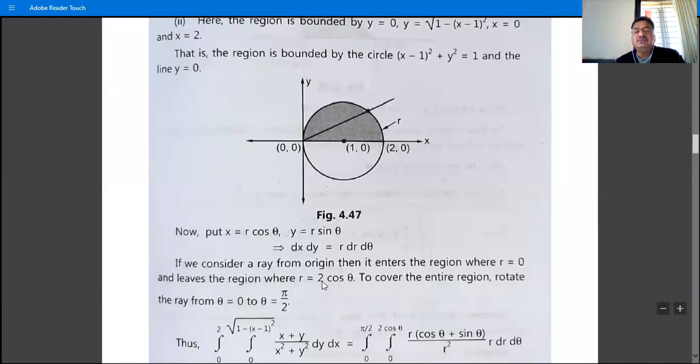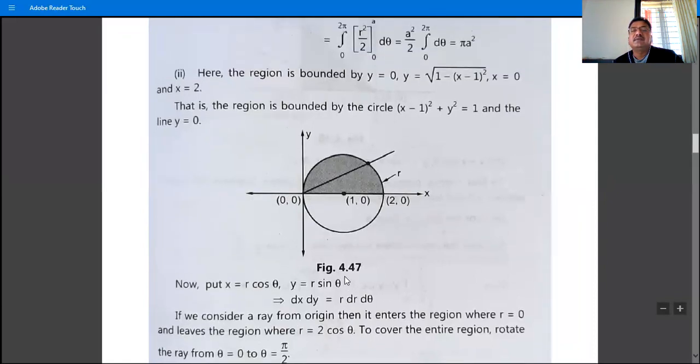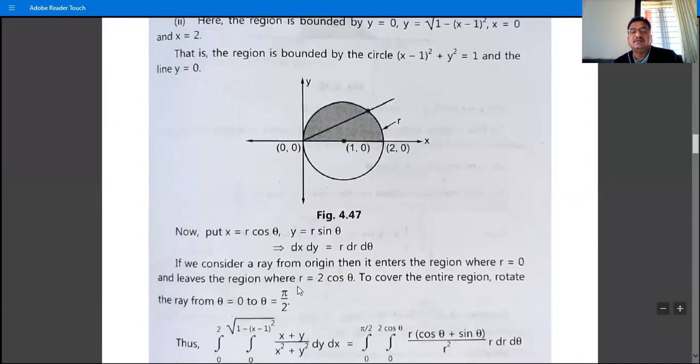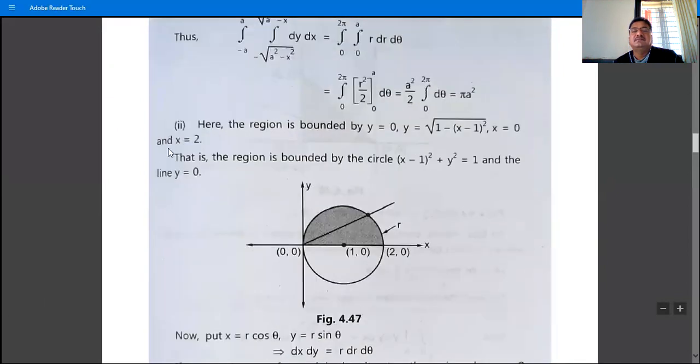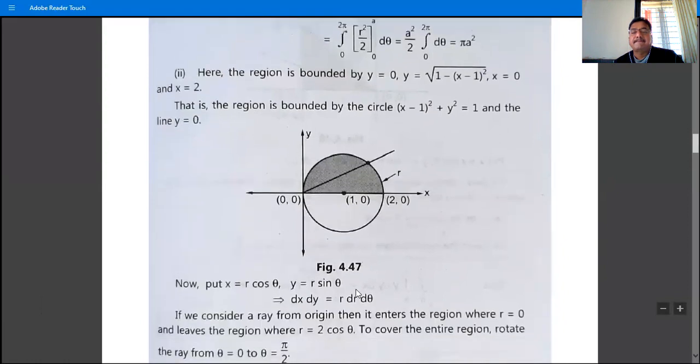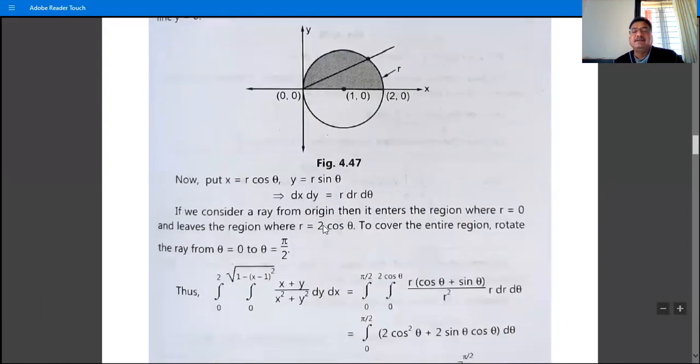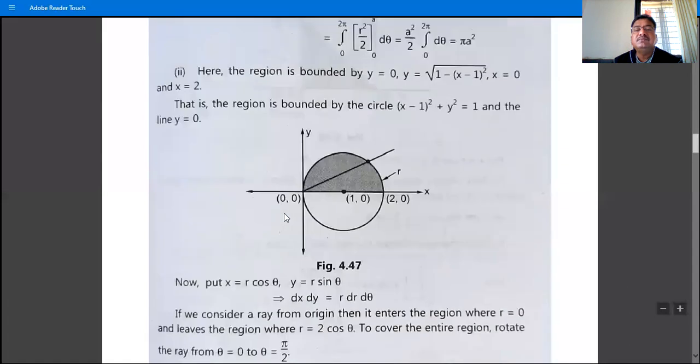x is 2 means r cos theta is 2, because x is r cos theta.